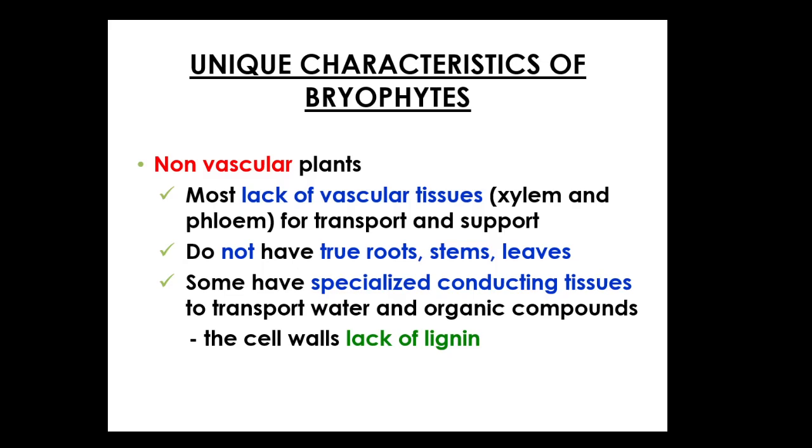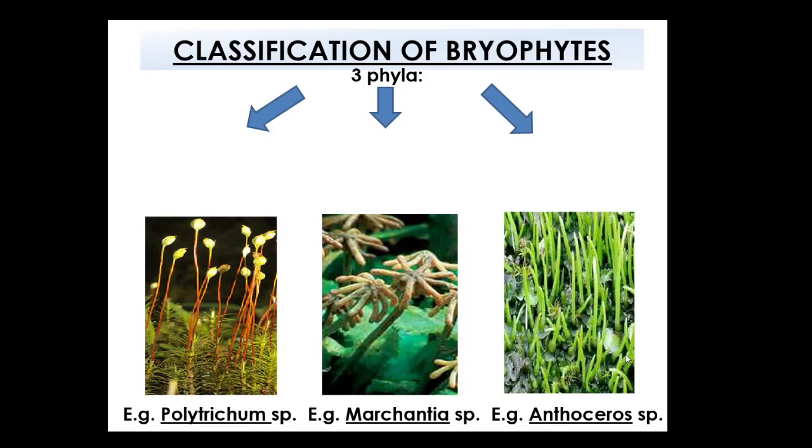So if you remember, the xylem of other plants have lignin that makes them able to support the weight of the plant, stronger and more resistant to water pressure. But in bryophytes, although they have cells that conduct water and organic material, they do not have lignin and therefore are not classified as true xylem and phloem.